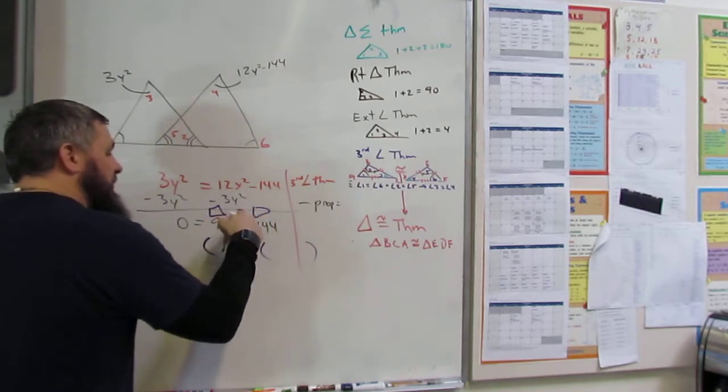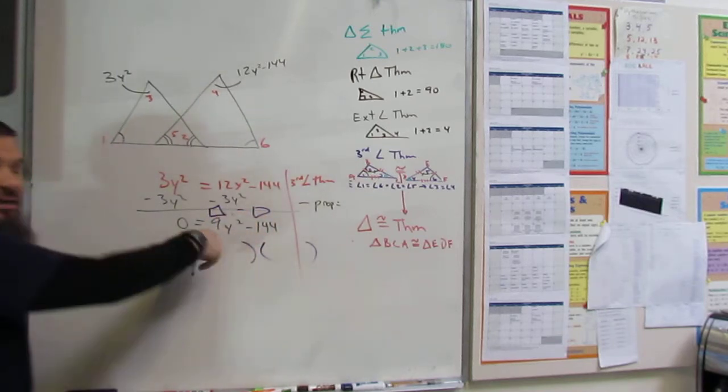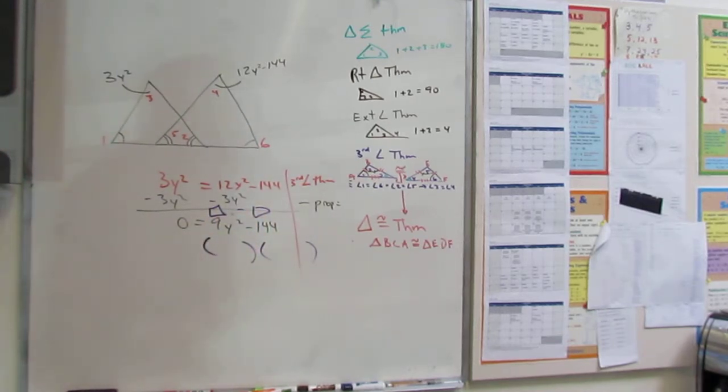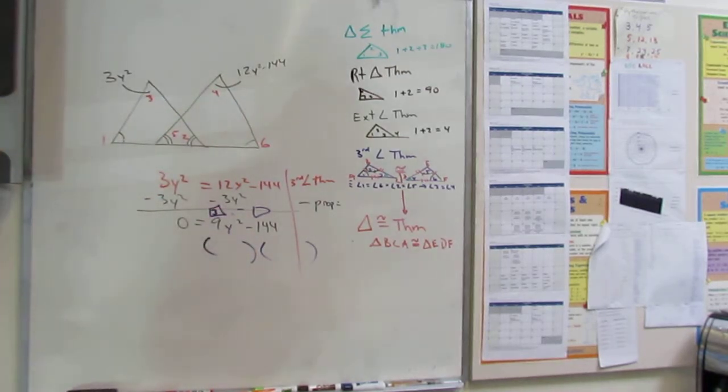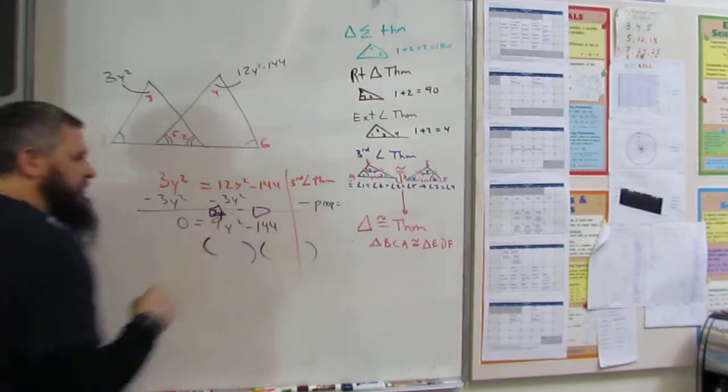So there's a difference. Is 9 a square? Of what? 3. Right? And y squared is a square of y. So there's 3y.